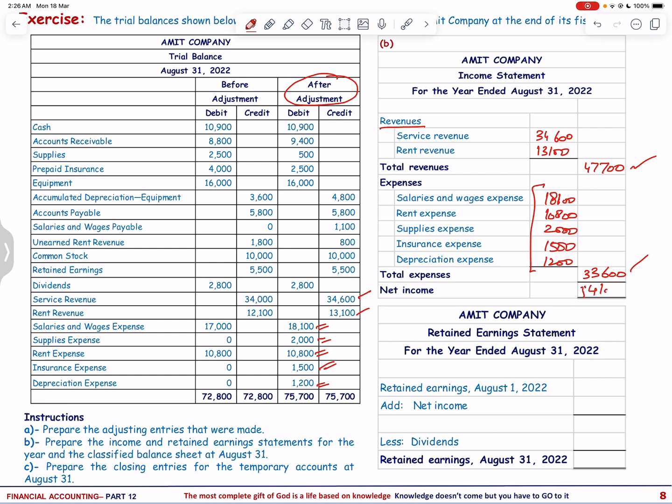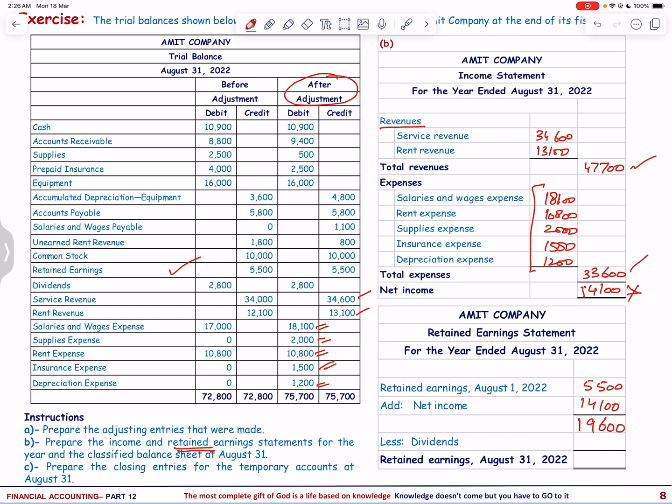From this, we are going to prepare the retained earning statement now. So for the retained earning, we have the beginning retained earning as 5,500. To this we will add the net income 14,100. That makes 19,600, and we will subtract the dividend, and dividend is 2,800.